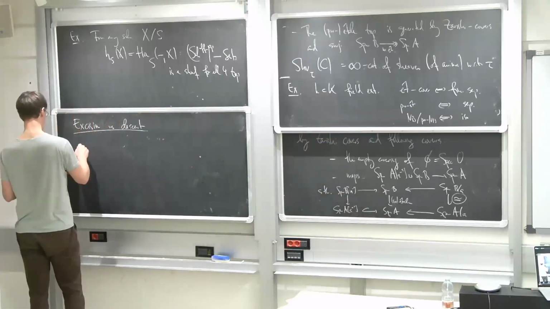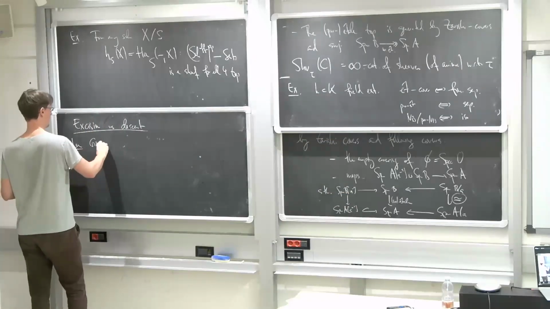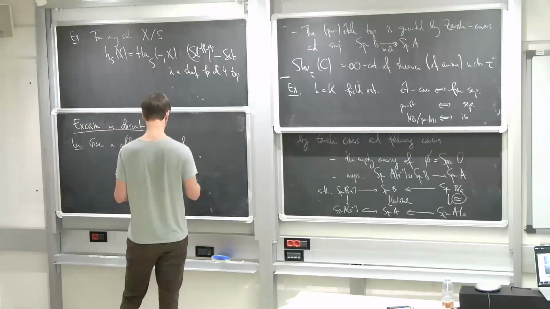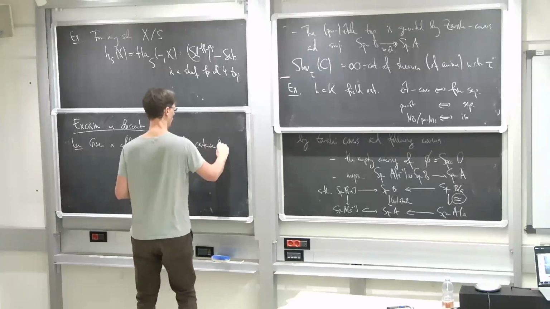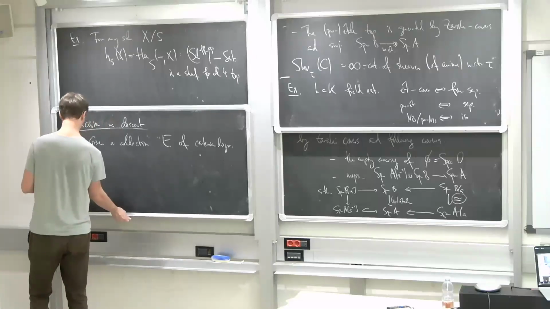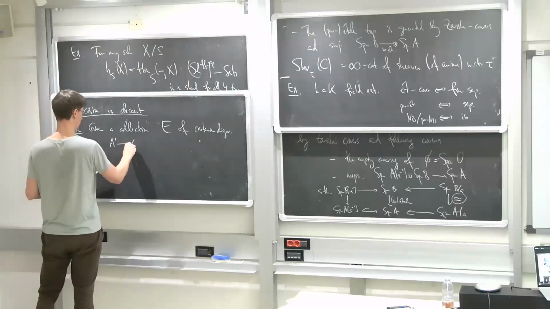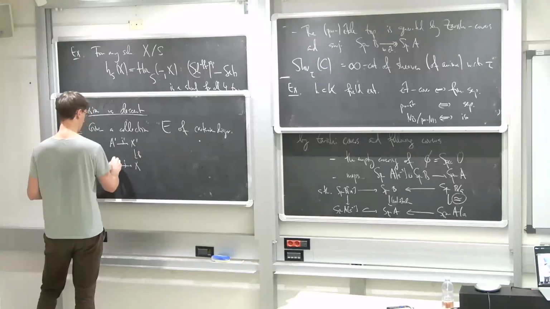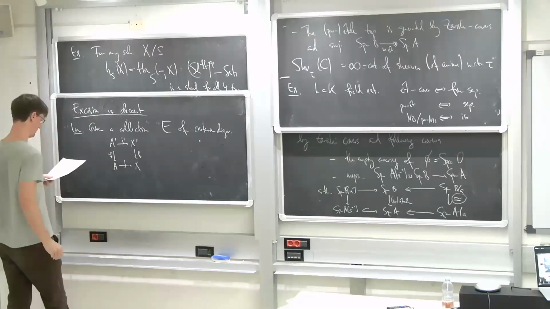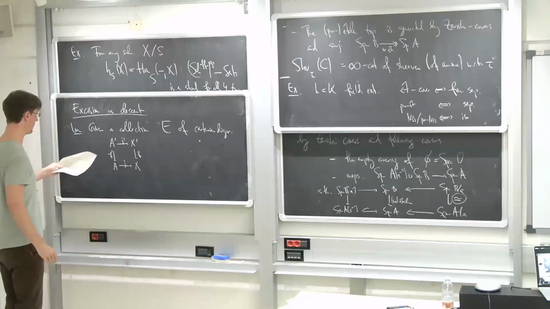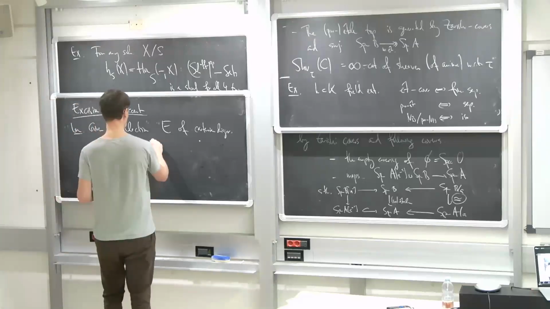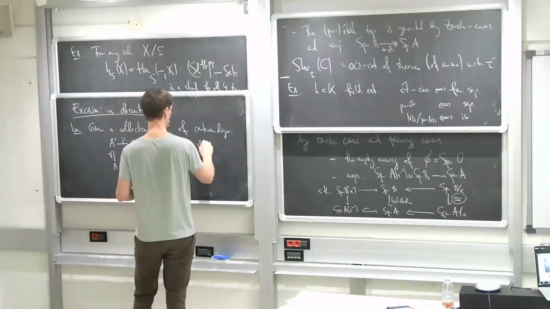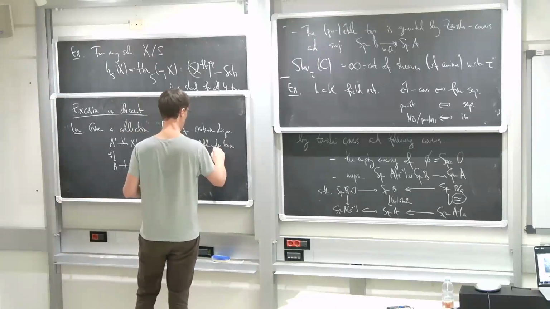Here is a general abstract lemma. Given a collection E of Cartesian diagrams of schemes or affine schemes, something like A prime, X prime, X, F, let's say J prime, J, A. The names don't really matter so much, but given such a thing, such that a bunch of conditions hold, namely, first we want E to be stable under base change.